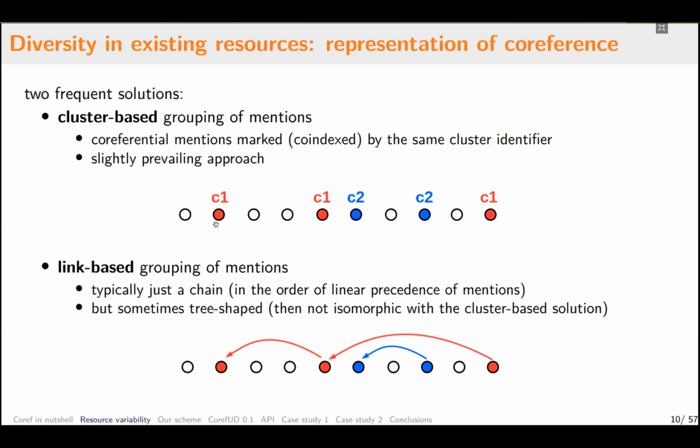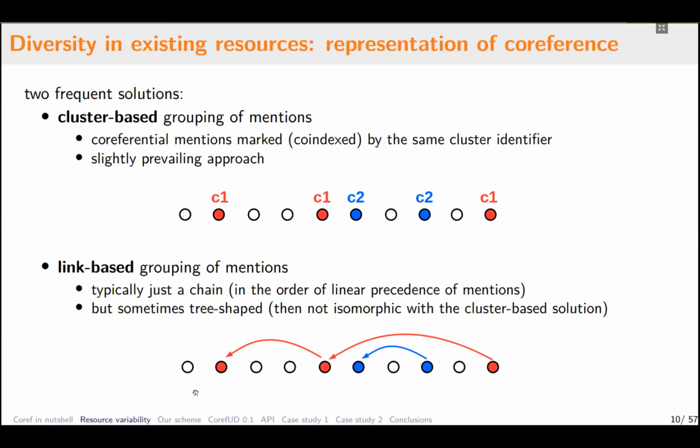So coreferential entities have the same identifier. And the second possibility is link-based grouping, where each mention refers to one other mention, as shown here on the picture. It is typically a chain in the order of linear precedence of mentions, but sometimes it's tree-shaped, and then it's not totally isomorphic with the cluster-based solution.